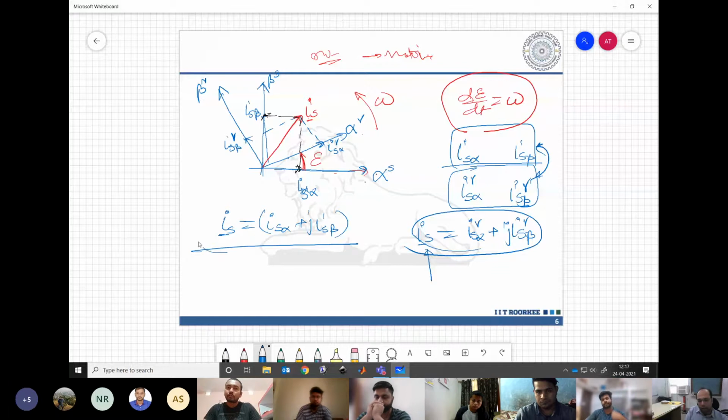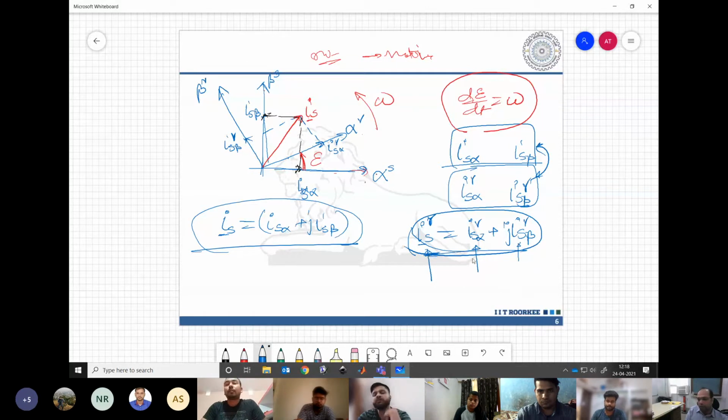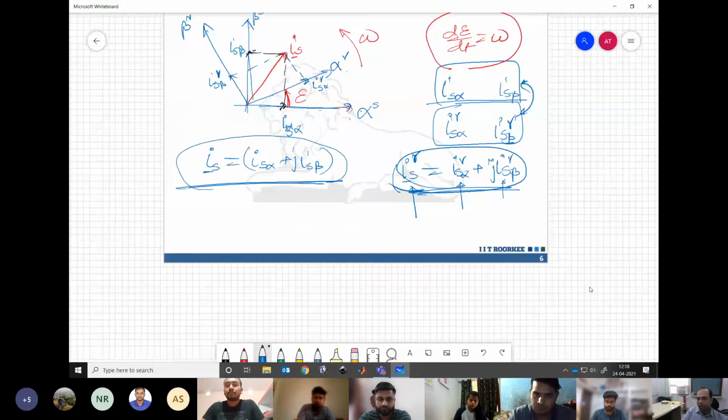So for discrimination, I will put a superscript R. When I put a superscript, it means that Is is referred from the rotor reference frame. Now the components will be Is alpha R and Is beta R. You understand this difference, because notations are very important. If you miss one notation, then the whole equation will go for a toss. You will not understand what happened suddenly.